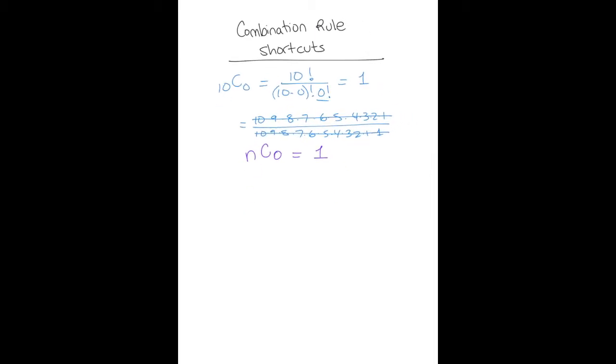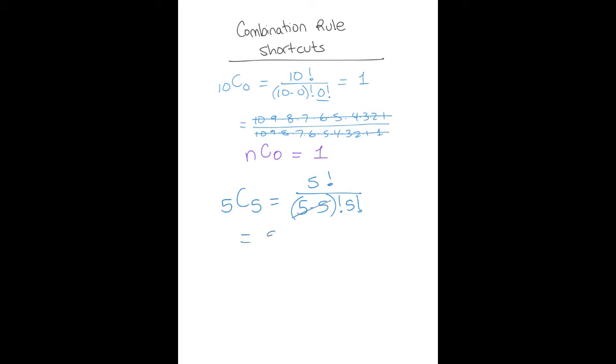Next rule. Let's say we had something like this, 5 combination 5. So 5 combination 5, we have 5 factorial over 5 minus 5 factorial times 5 factorial. 5 minus 5 factorial just becomes 0 factorial, so we can just ignore that.